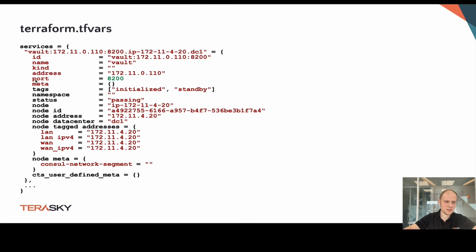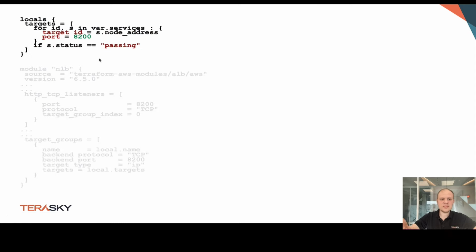And this is the terraform.tfvars that we've got every time that Vault health changed. So this is what we did: we created the targets, and we went over our services variable, and we just populated the target ID and the port with a service node address, only if the status of the service is passing.